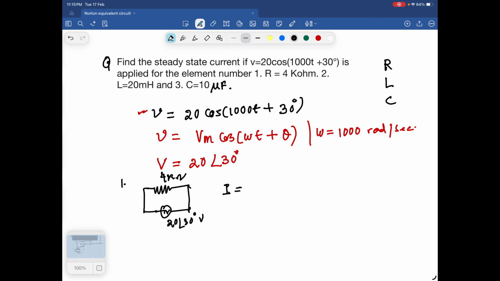This is equal to V by the impedance of resistance.